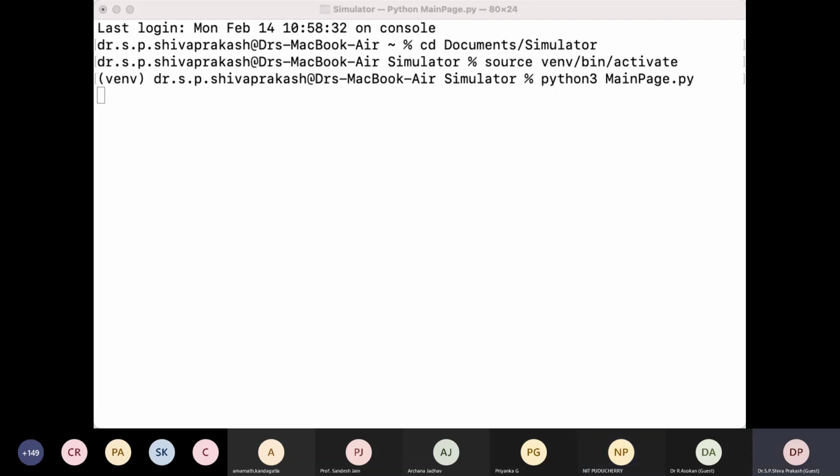So this is an interface that has been built for the social Internet of Things, where we consider three different scenarios. One is the existing one, where we have to create or establish the links between the devices.